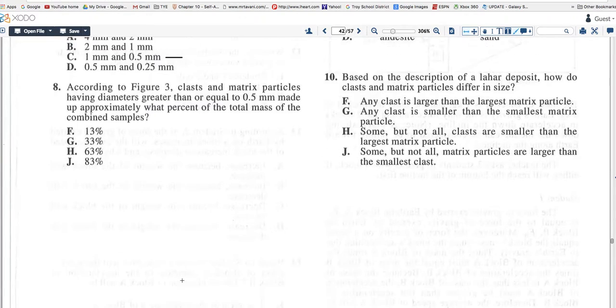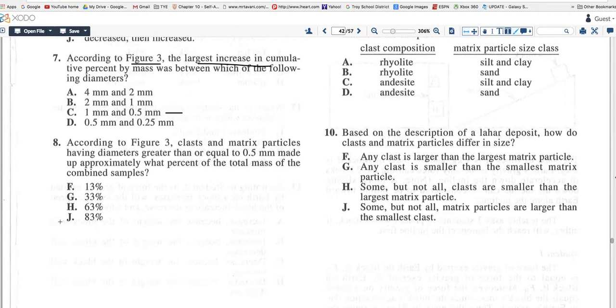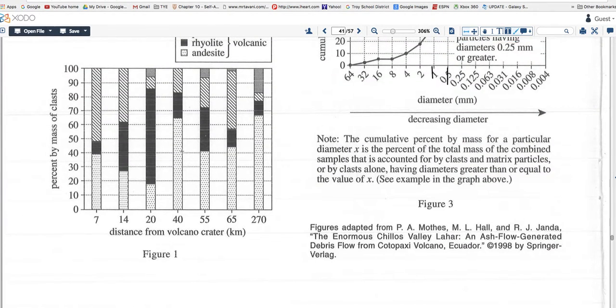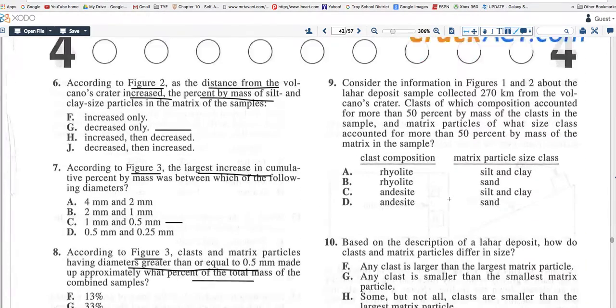All right, next one. Who wants to do it? Manvita. Okay, so you underline figure 3 and diameter is greater than or equal to 0.5, and then what percent of total mass. So then you look at figure 3 and it says that 83% of the total mass is 0.25 or greater, so then if you look at 0.5 and above, it would be 62, because it can't be 83. Good.